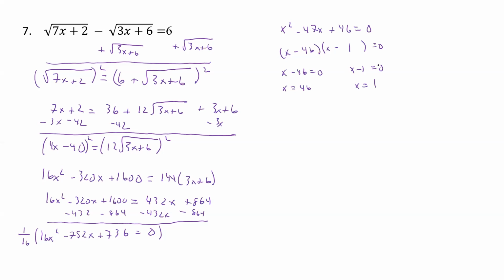Okay. Well, when we do this, we're going to have the square root of 7 times 46 plus 2, minus the square root of 3 times 46 plus 6, and that's equal to 6. Well, let's go ahead and do that on the calculator because I'm not going to do that in my head.